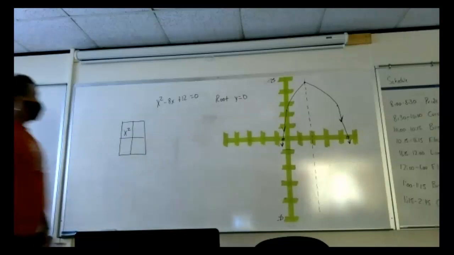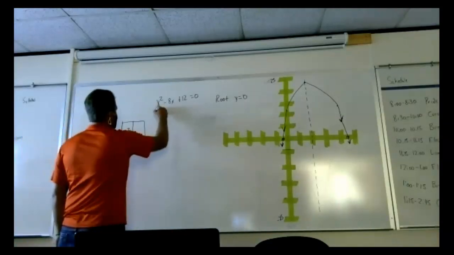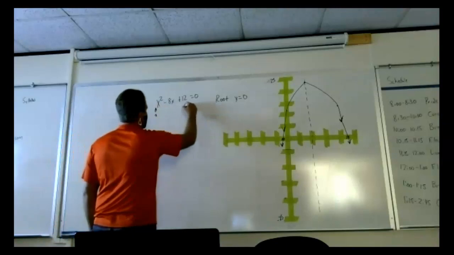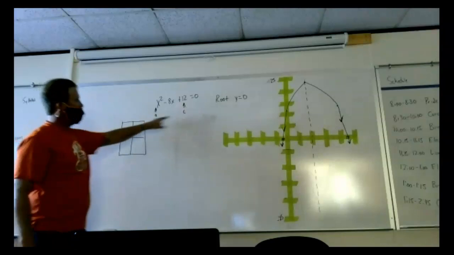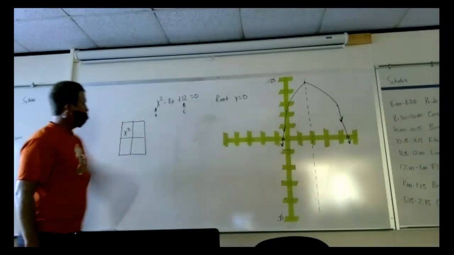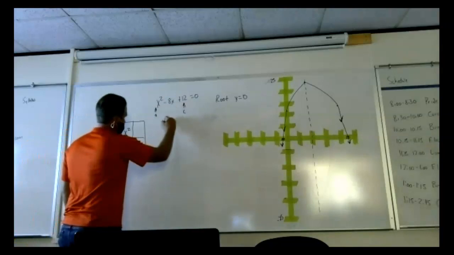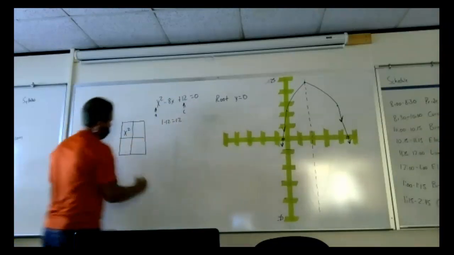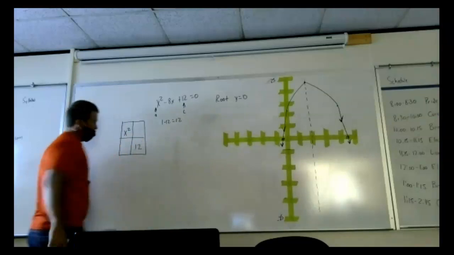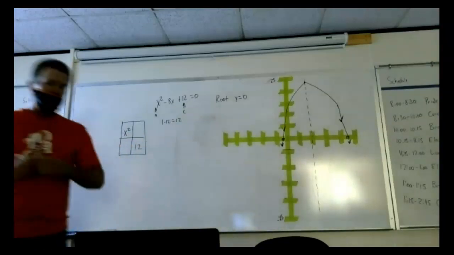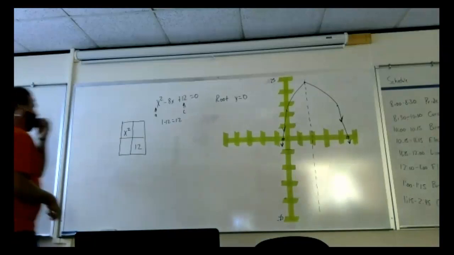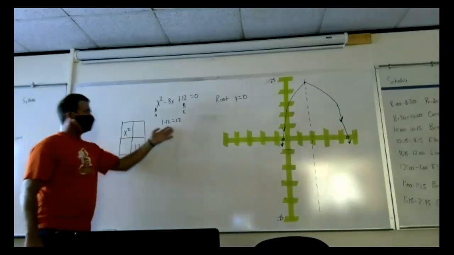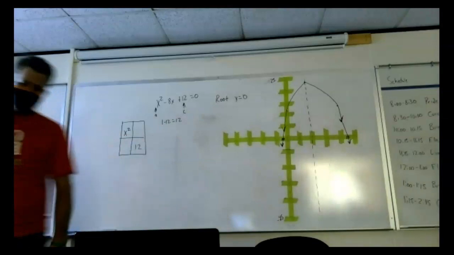The next thing I'm going to do is take my value of a and multiply that by my value of c. So a times c, 1 times 12, is equal to 12. The value of c goes into the bottom right. I've already multiplied them, so I know that when multiplied, they give 12.